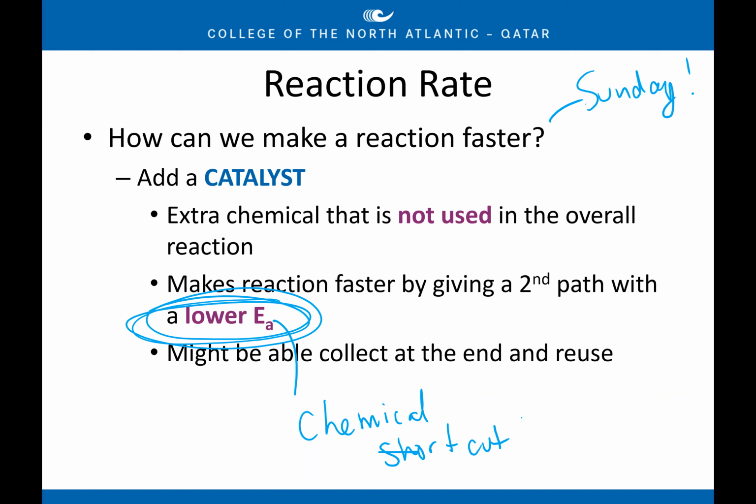Somebody might take you up towards Festival City, then come down towards the college and work your way to West Bay. That would be a normal reaction. A catalyst gives you a shortcut. So a catalyst is like cutting through the center of Doha, maybe Al Markia Street. You cut down there instead of taking the long way.